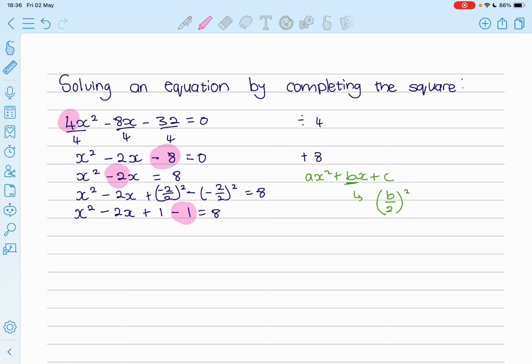What you do is you take the negative value and you take it to the right. So we're going to add 1 on both sides. And then you're only left with x squared minus 2x plus 1 being equal to 8, and then here you also have a plus 1.